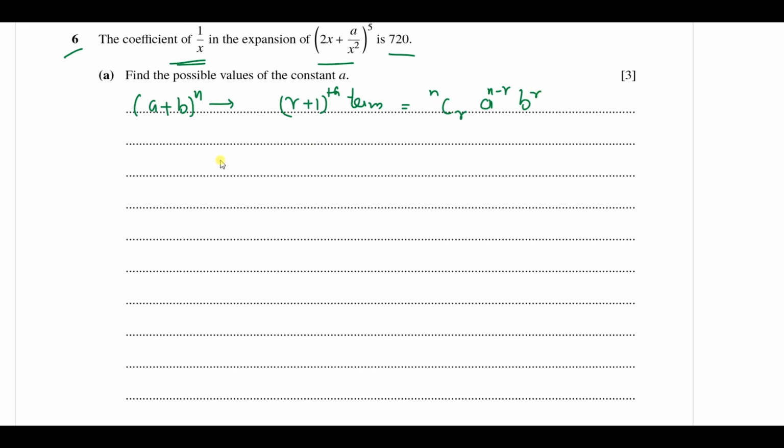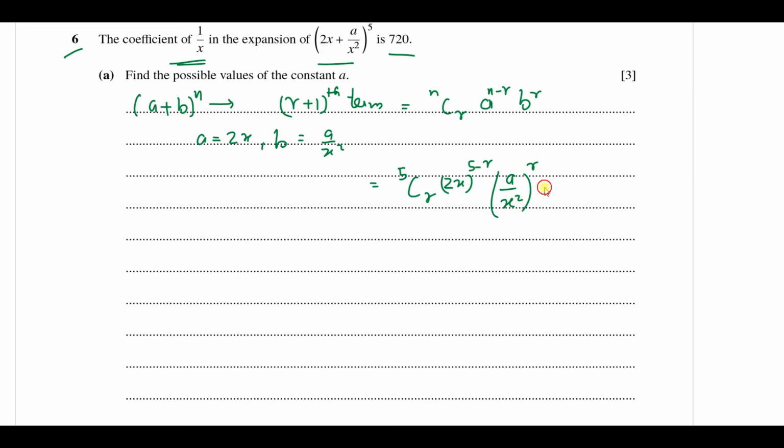If we relate here, we can see a as 2x and b as a over x squared. So the (r+1)th term here becomes 5Cr (2x) raised to the power 5 minus r and (a over x squared) to the power r.